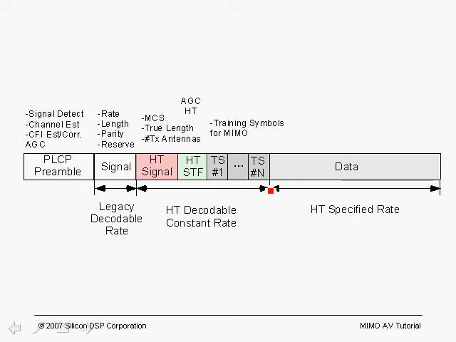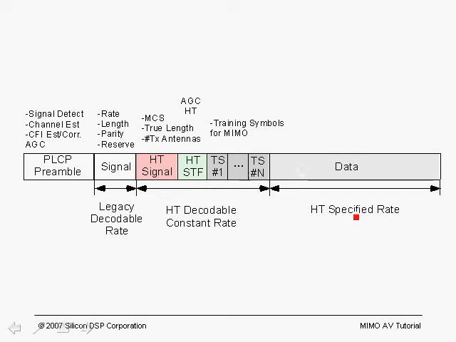And here we show N training symbols. Following the N training symbols, we have the data, and again the data is modulated using a particular MIMO system that can be set up either for spatial multiplexing or diversity mode.